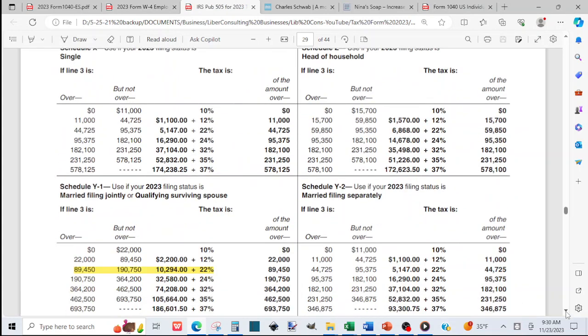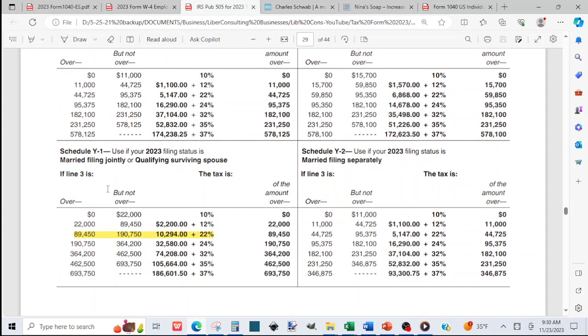And for married filed jointly, it's going to be Schedule Y-1. So you want to compare your household gross income to the tax bracket within the married filed jointly section.